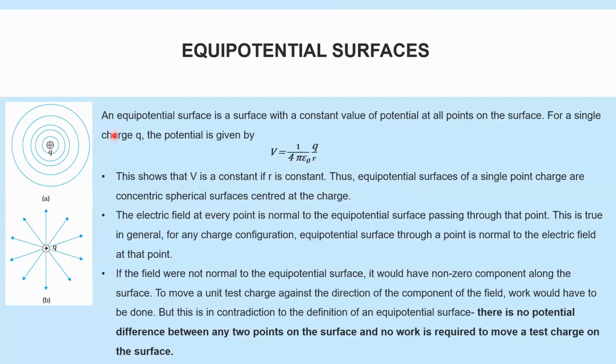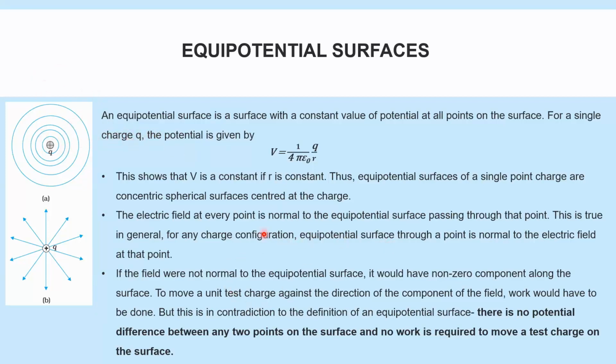The electric field, as we know, is going to be normal to the equipotential surfaces. Suppose we are considering this as a positive charge, then we know that the electric field is going to be radially outwards, and since it is radially outwards, the electric field is perpendicular or normal to the equipotential surface.